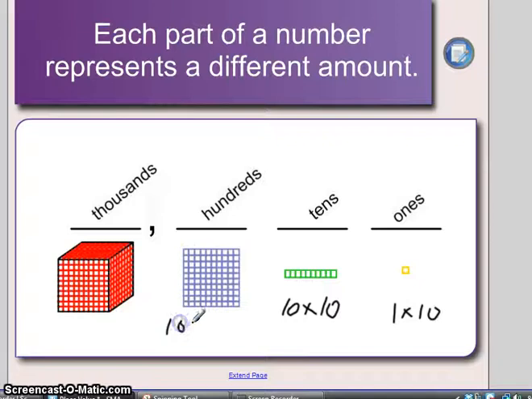And 100 times 10 is 1,000. So each digit to the left is 10 times larger than the digit to its right. Tens are 10 times larger than ones, hundreds are 10 times larger than tens, and thousands are 10 times larger than hundreds.